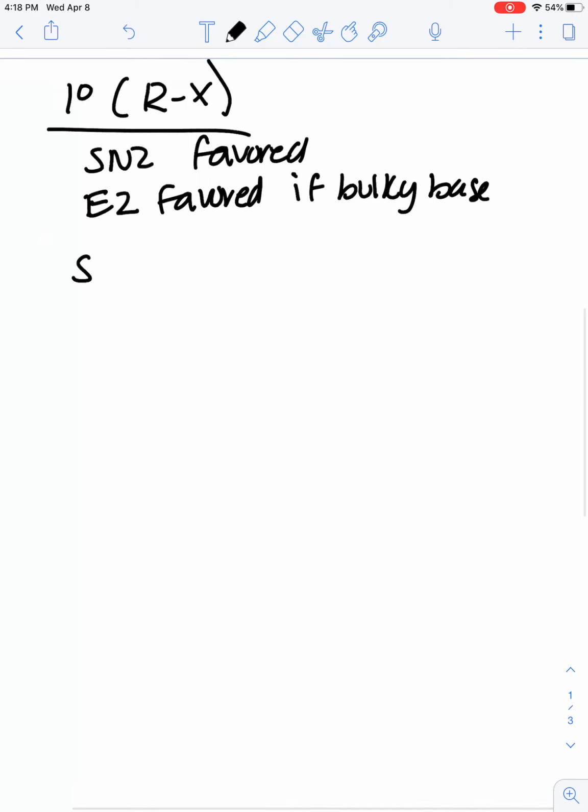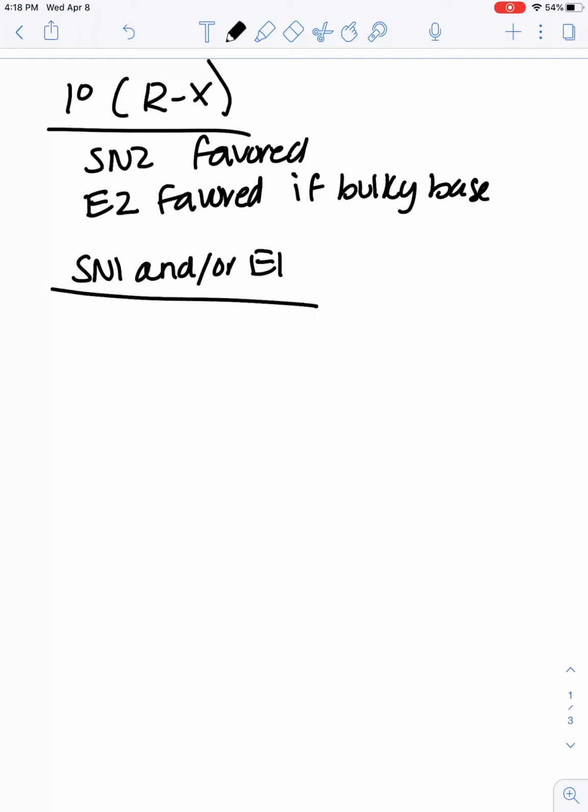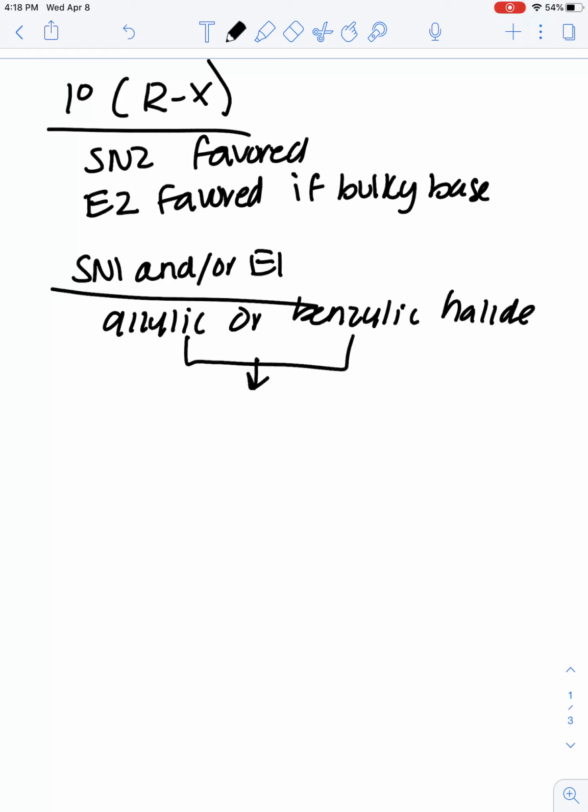So the reason that SN1 reactions and or E1 reactions will occur on a primary halide is if we have an allylic or benzylic halide. Remember, the reason for this is because both allylic and benzylic can produce resonance stabilized carbocations.